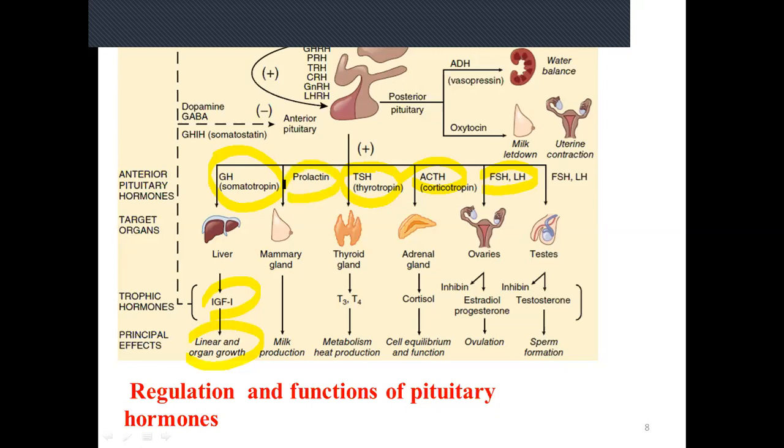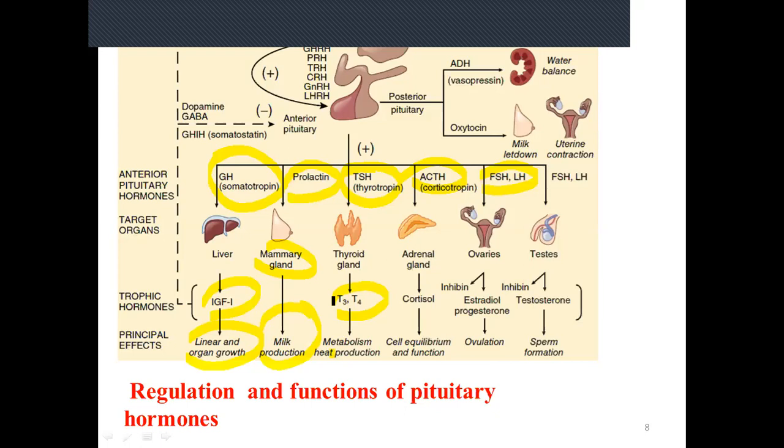When you look at prolactin, the target organ is the mammary gland. It is very important for milk production for the lactating mother. Then the TSH from the anterior pituitary is very important for the production of thyroid hormone, and ultimately it is important for metabolism and heat production.